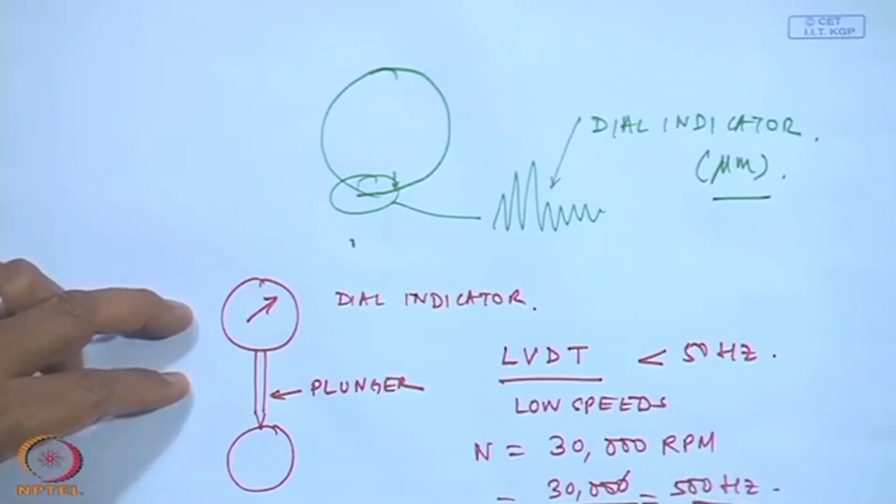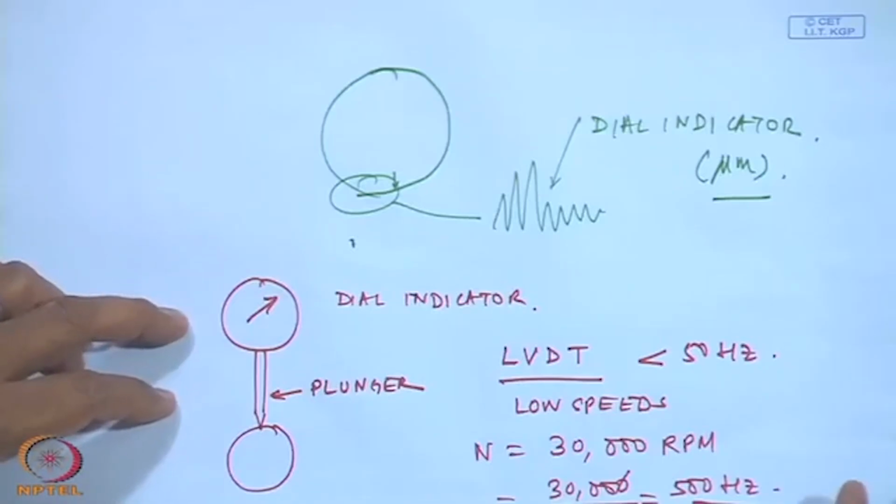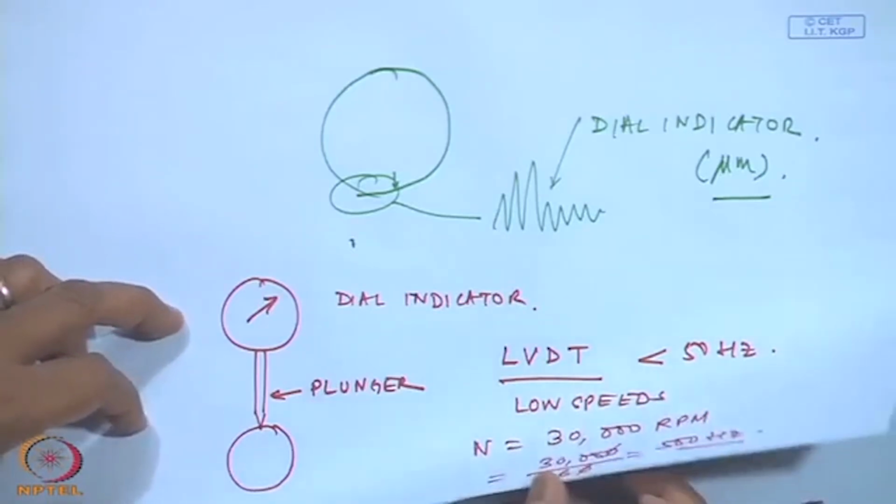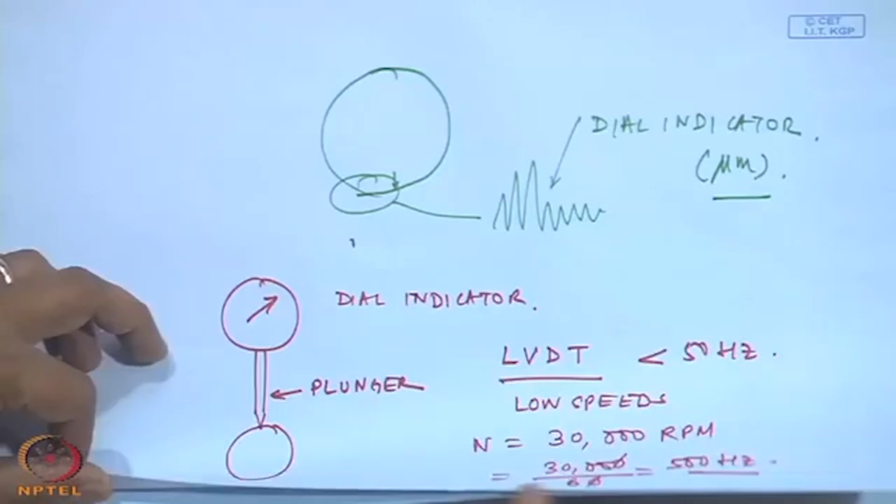Okay, and that will be the fundamental frequency. Such high speed measurements are not possible through mechanical devices like an LVDT or a dial indicator and so on. So, we have to see what instruments or transducers are available to measure high frequency vibrations.